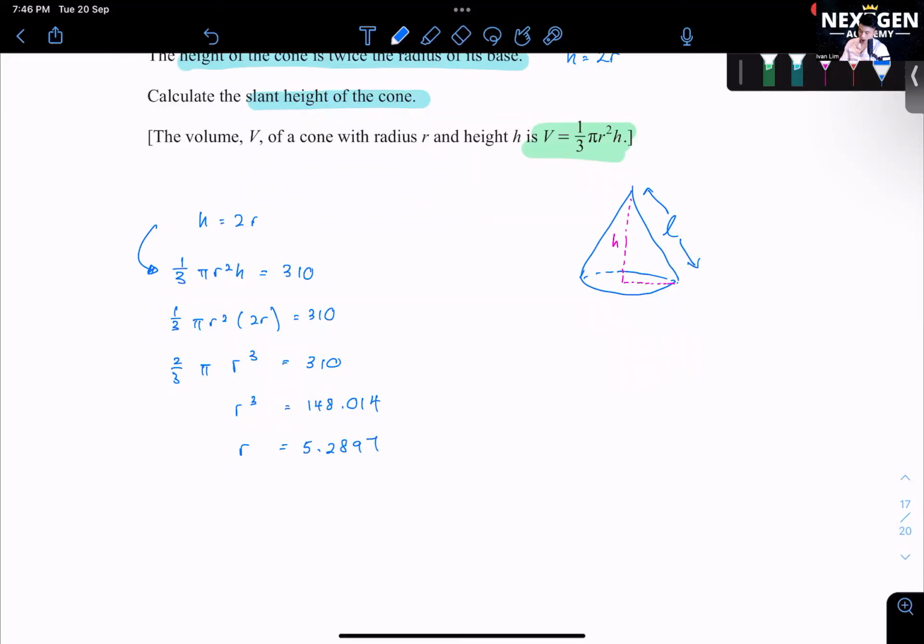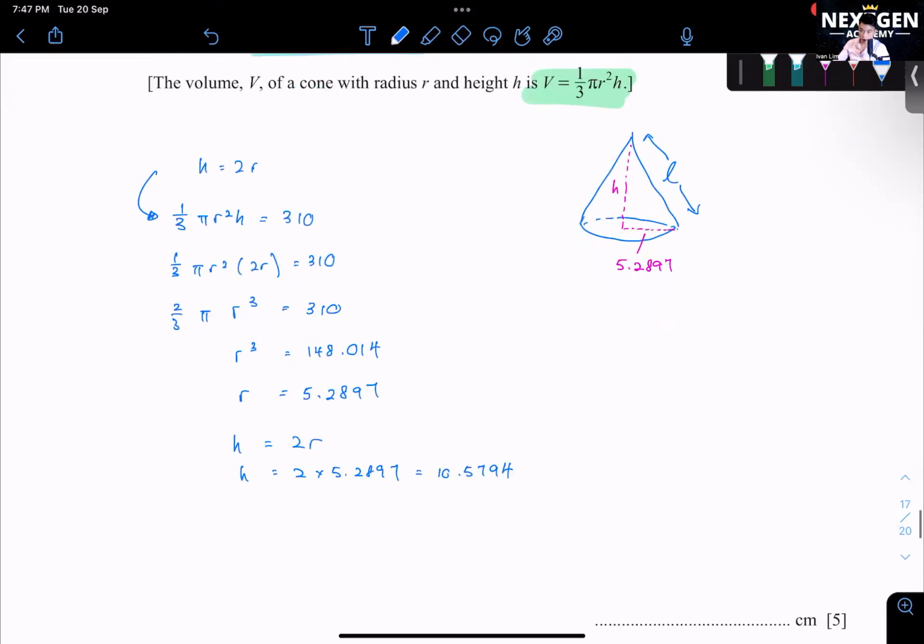We need to find the height first. I know right now this is my radius, 5.2897. My height is 2r, therefore 2 times 5.2897 equals 10.5794. In the middle of the equation, we just write as many decimal places or significant figures as we can.